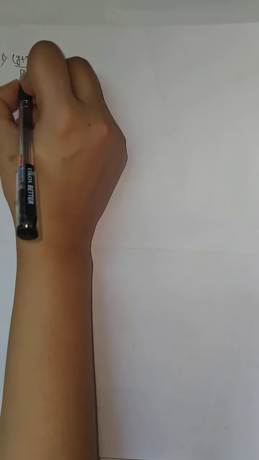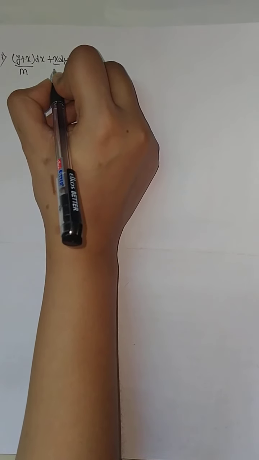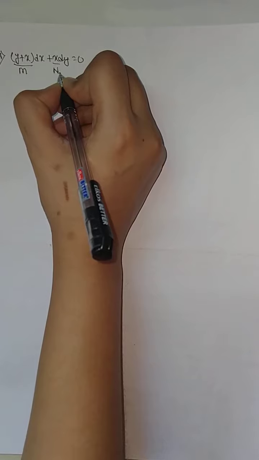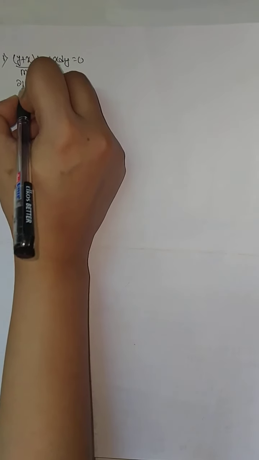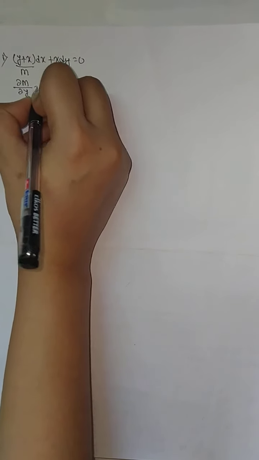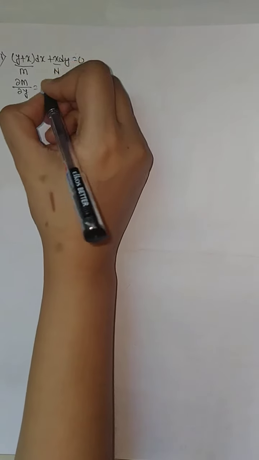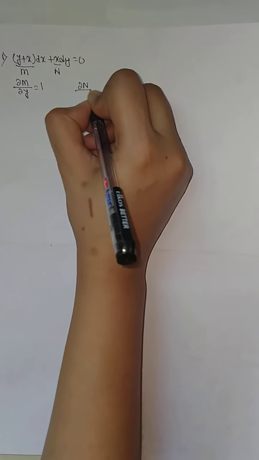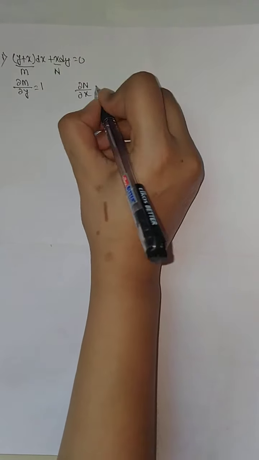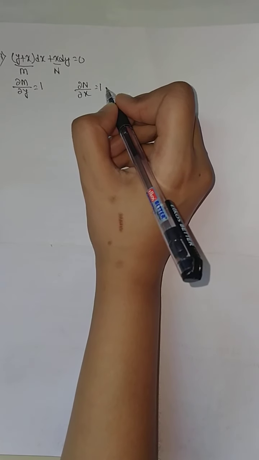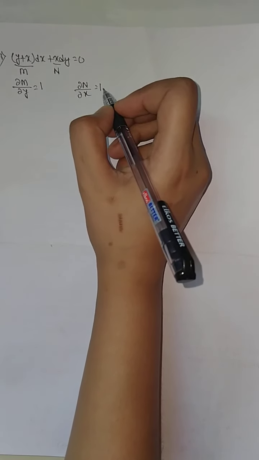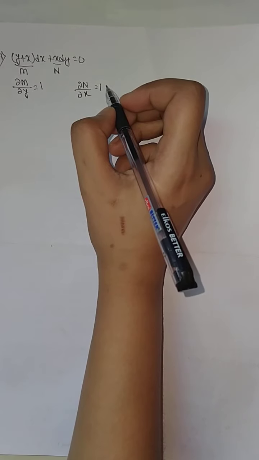Here M equals y + x and N equals x. Let us check the condition. ∂M/∂y equals 1. ∂N/∂x equals 1. So the condition is satisfied, hence the equation is exact.